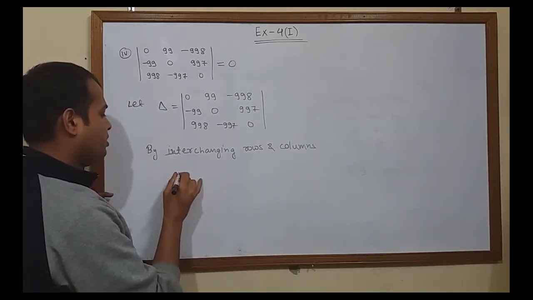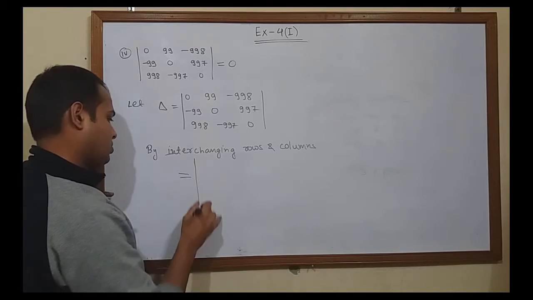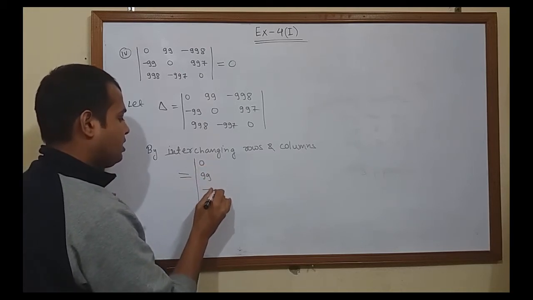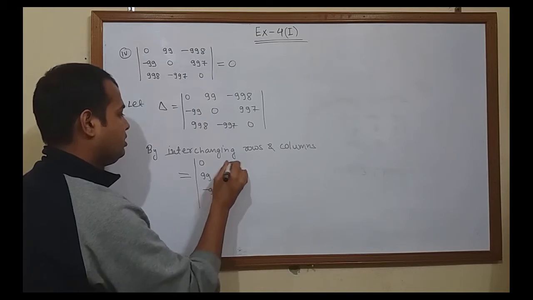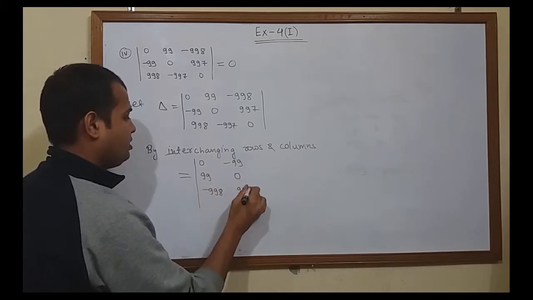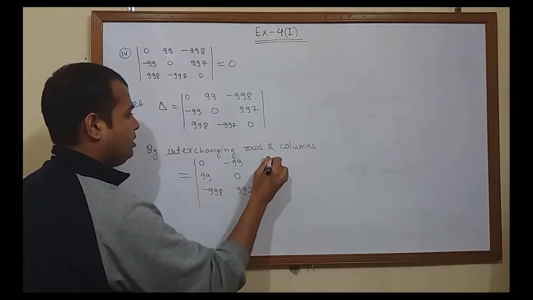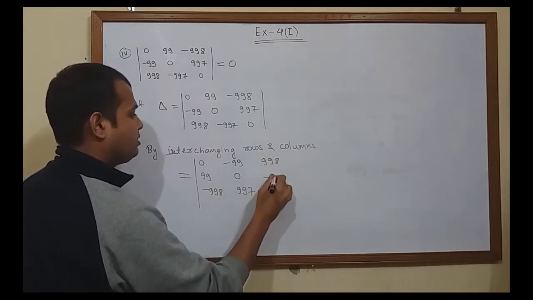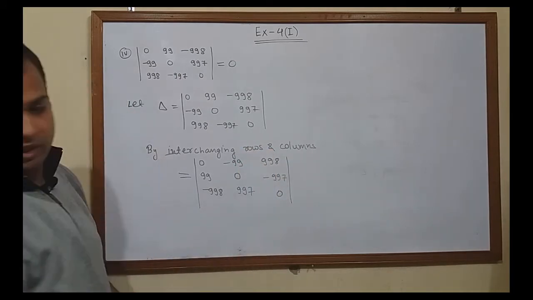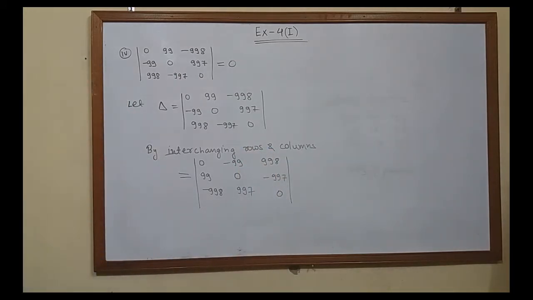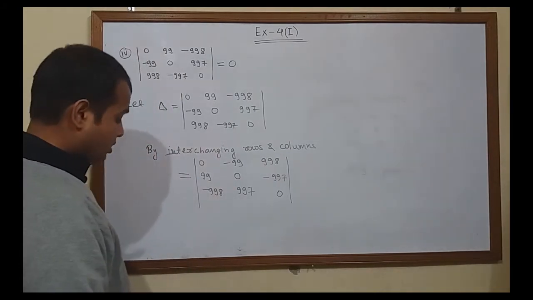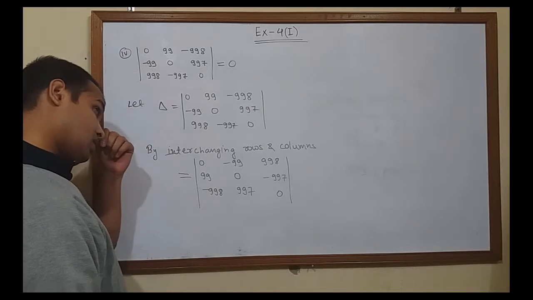By interchanging rows and columns, what we are getting? We are getting 0, 99, minus 998, minus 99, 0, 997, 998, minus 997 and 0. So this is what we got after interchanging rows and columns.